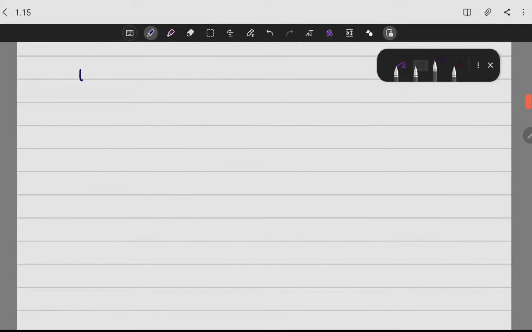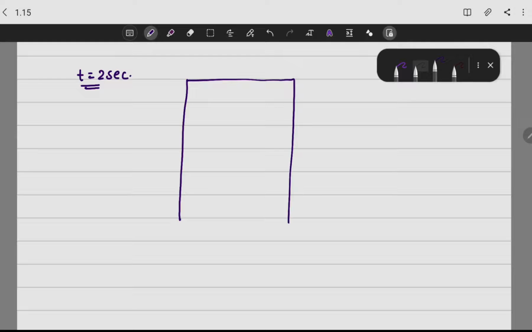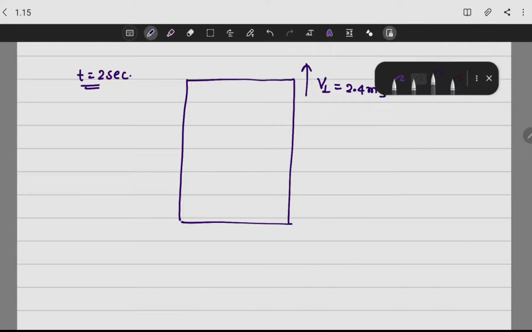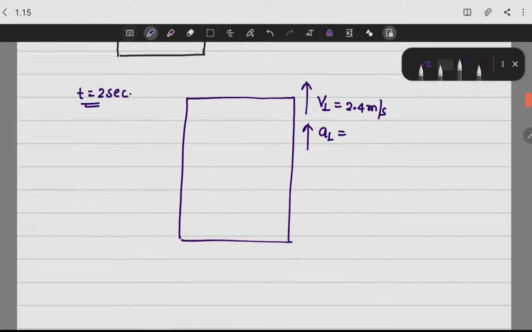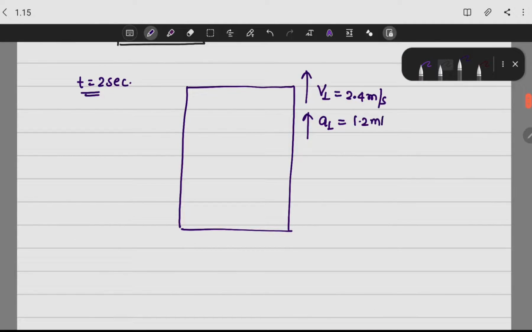Let us say at t is equal to 2 seconds, this is the lift and the lift has a velocity in the upward direction of 2.4 meter per second, and it has the acceleration a_L is equal to 1.2 meter per second square.